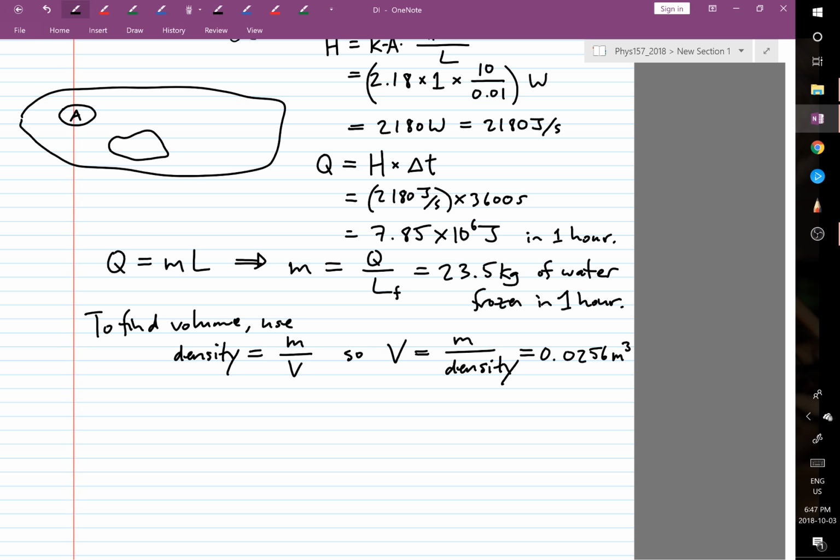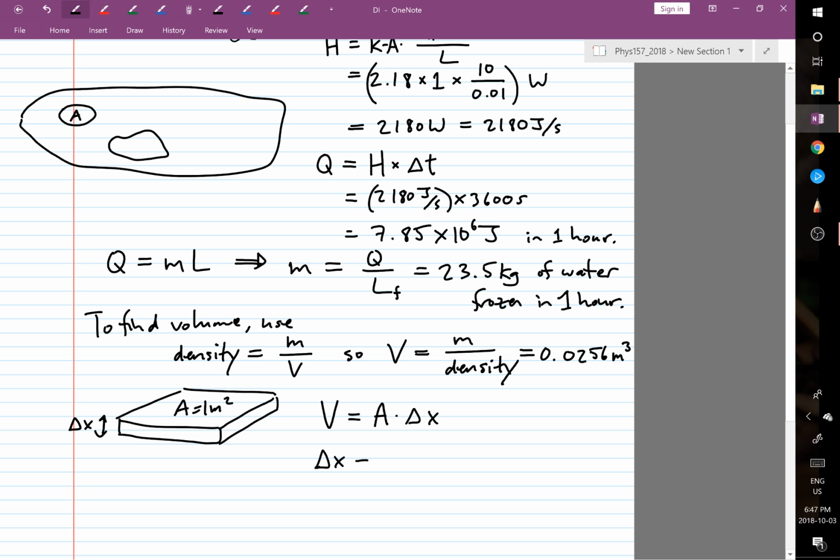If that's the volume, and we assume an area of 1 meter squared, then it's really easy to find the extra thickness that we add in an hour, delta x. The volume of extra ice is equal to the area of our patch times delta x. With the area being 1 meter squared, delta x equals the volume divided by the area, which is 0.0256 meters cubed divided by 1 meter squared.